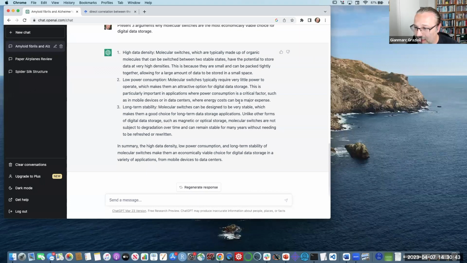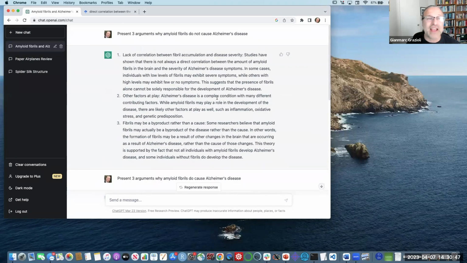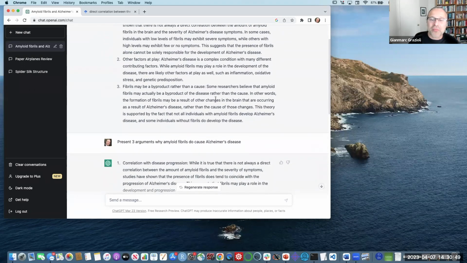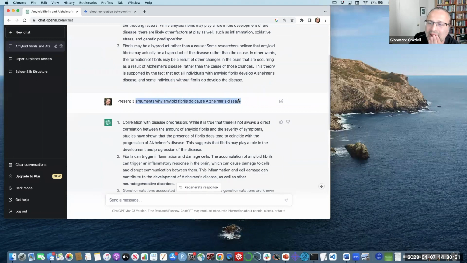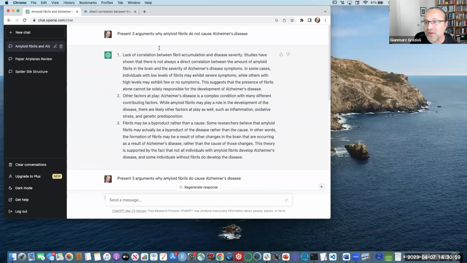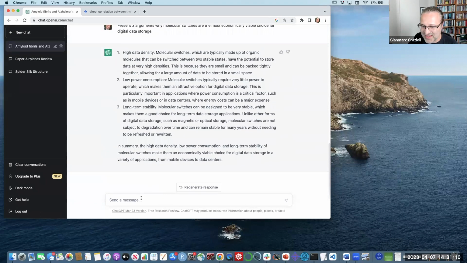Because as you're working on a paper like this, in your mind you're thinking, okay, it seems like there's back and forth. I should probably find 3 arguments why amyloid fibrils do cause it and don't cause it, because I want to compare who's arguing this in the literature. Let me try one other thing. Let's try this now.